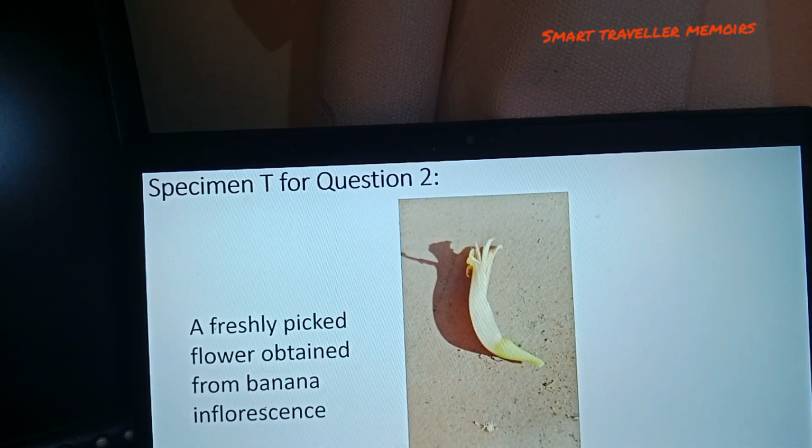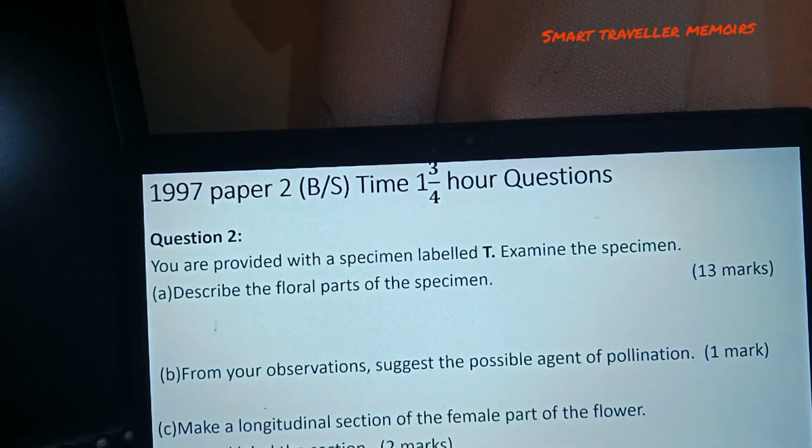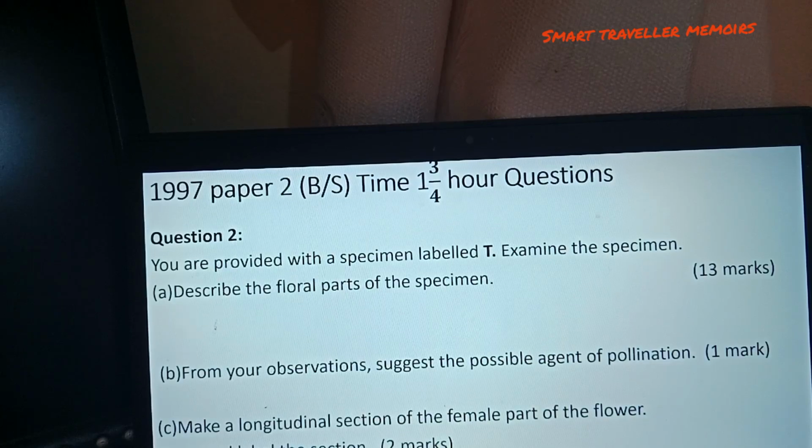Specimen T for question 2. A freshly picked flower obtained from banana inflorescence. Question 2. You are provided with a specimen labeled T. Examine the specimen.